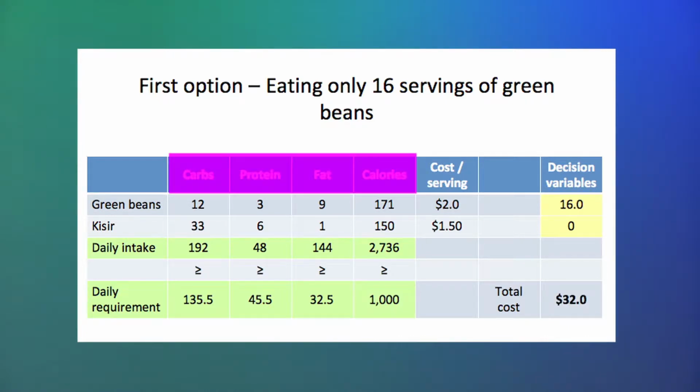Second, what's the nutrient and calorie intake? This option contains 192 grams of carbohydrates, 48 grams of protein, 144 grams of fat, and 2,736 calories. As seen here, even though we have the right amount of protein, we have too much of the others.